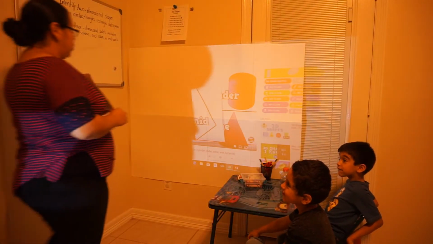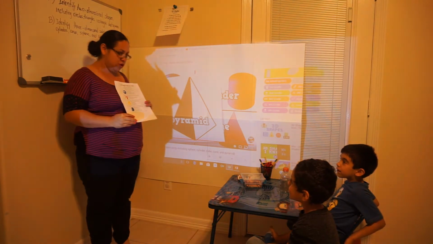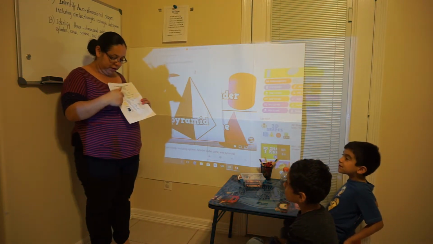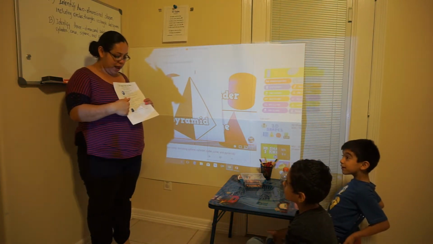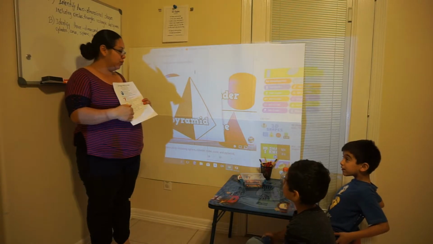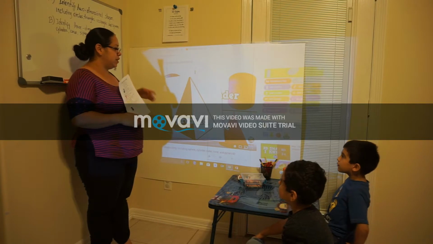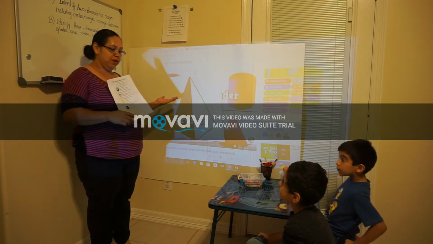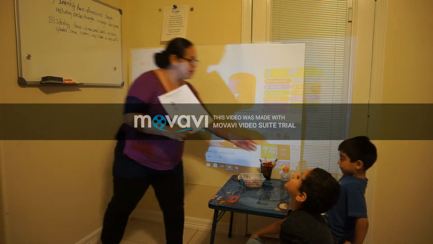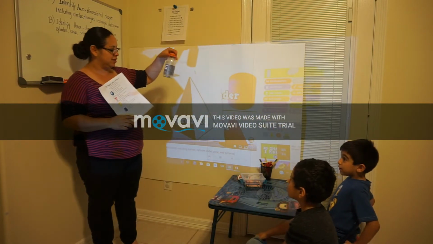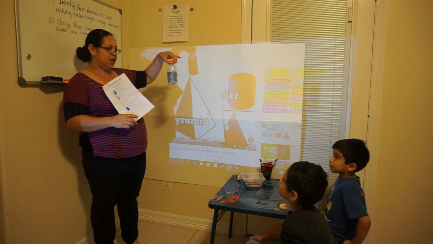Of those 3D shapes that you saw: a sphere, a cone, a cylinder, a cube, and a pyramid. Did you recognize some things from life? Like, what shape is this? A cylinder.